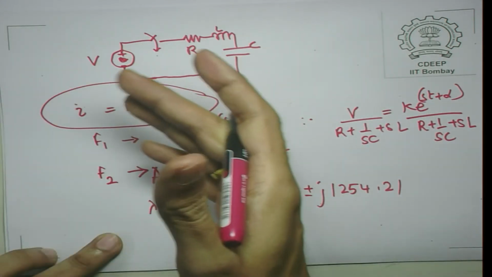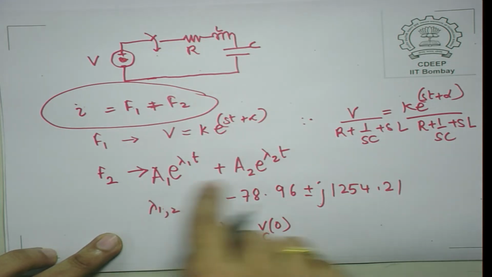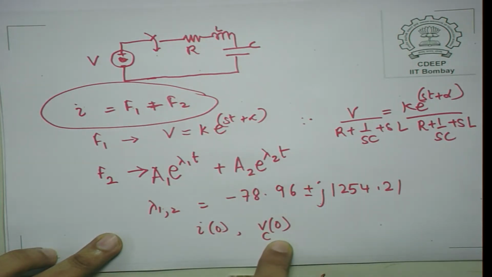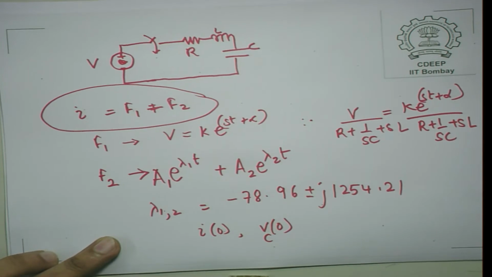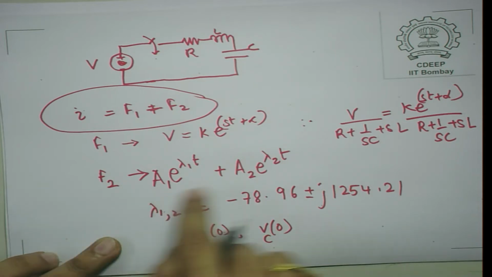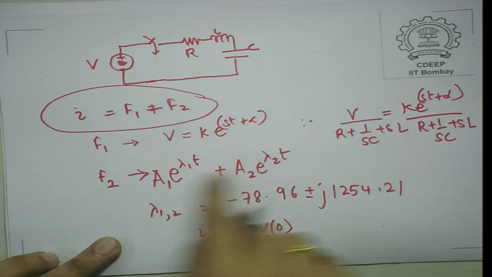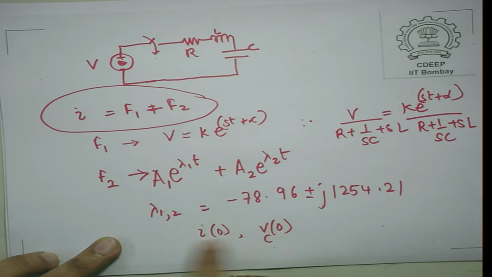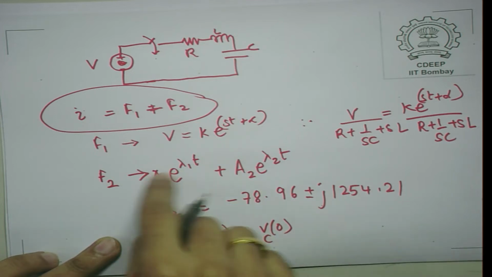At time t is equal to 0, the values of A1 and A2 should be such that Vc0 is also satisfied. That is, Vc evaluated at time t is equal to 0 should equal the initial condition which you have given. So, if you give an initial condition which is not 0, you should ensure that A1 and A2 are such that both these initial conditions are satisfied. Even if it is 0, you should ensure this.